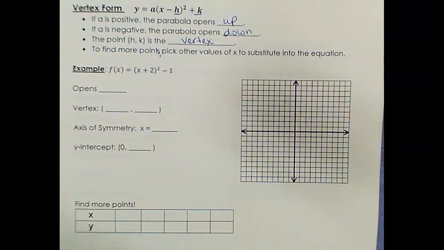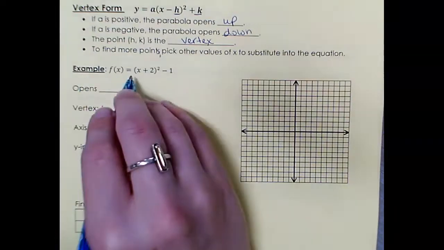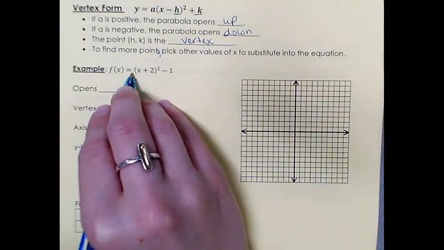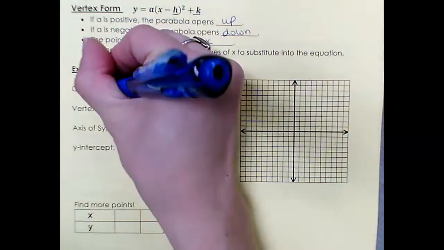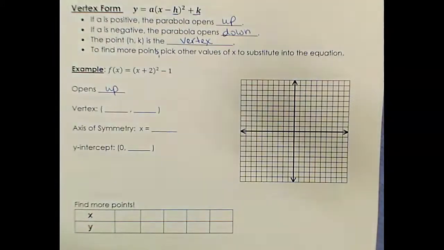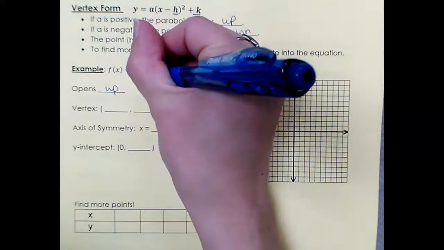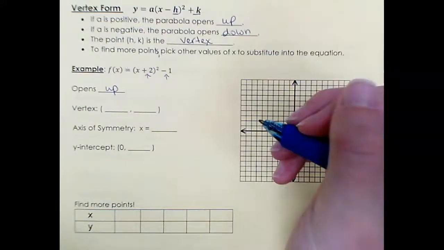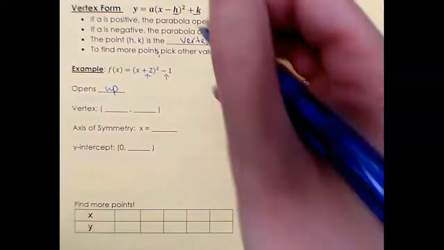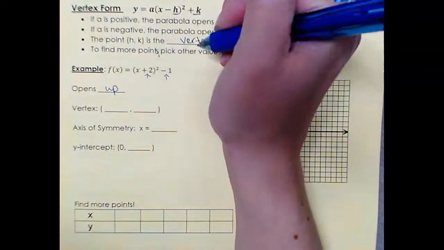So let's talk about the way that this opens. I see my a value out here is like 1, and it's positive, so this opens up. My vertex is here and here. But look at the formula. The formula has x minus something here.